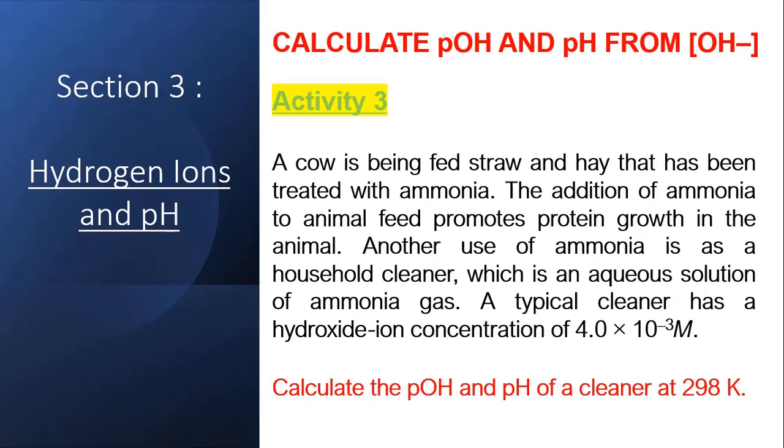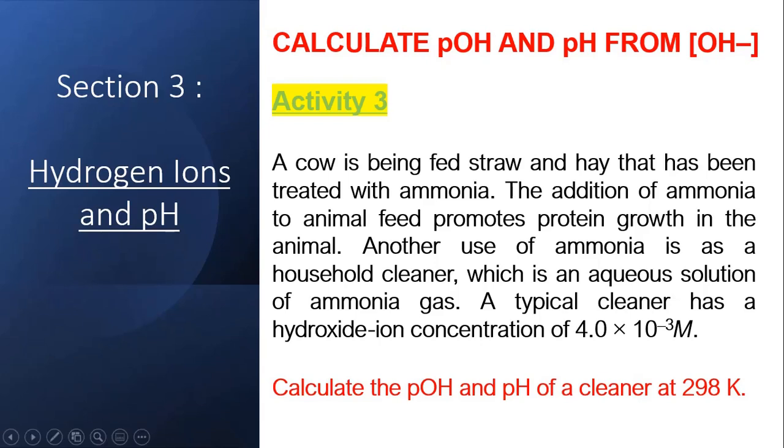A cow is being fed straw and hay that has been treated with ammonia. The addition of ammonia to animal feed promotes protein growth in the animal. Another use of ammonia is as a household cleaner, which is an aqueous solution of ammonia gas. So remember, ammonia was basic, so here we talk about a high concentration of OH negative.